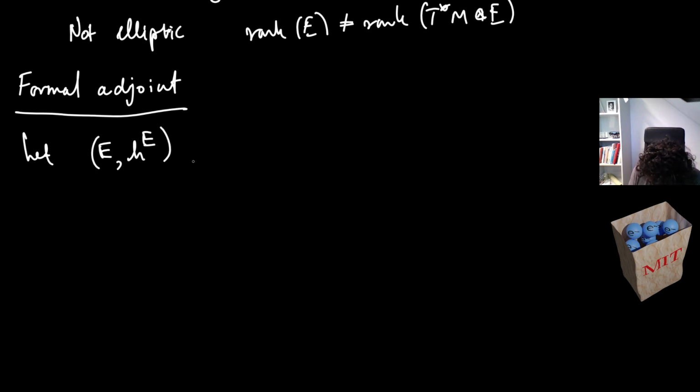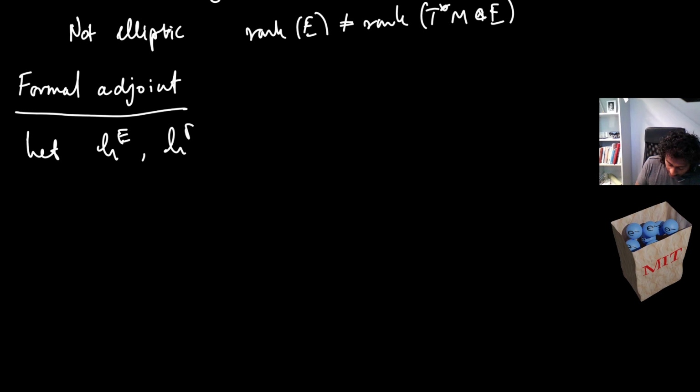So we're going to continue from the last section. Let h_E, h_F be metrics on E and F respectively.